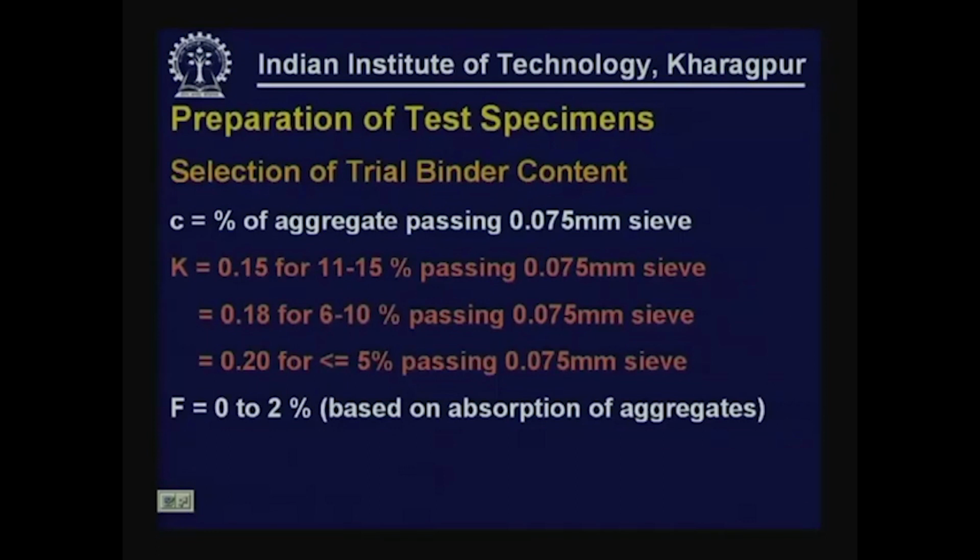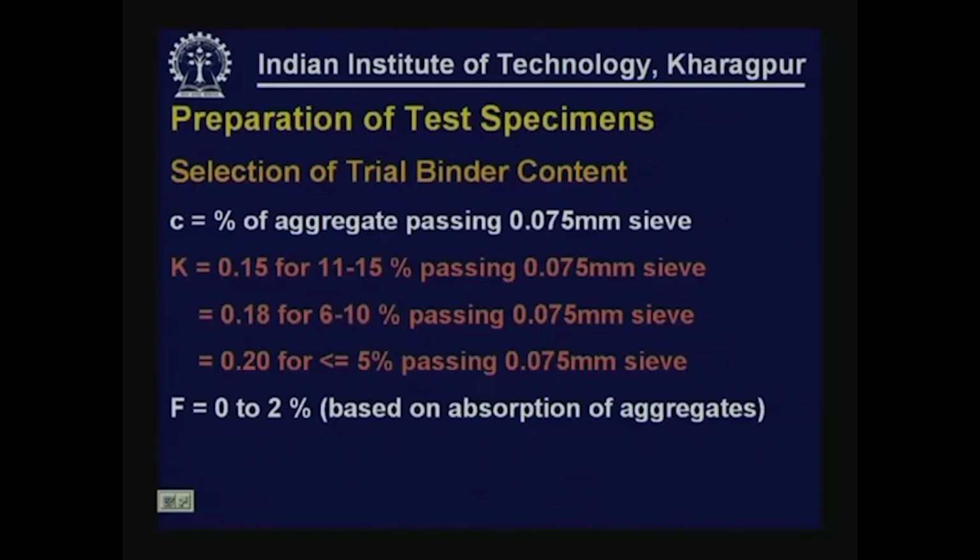K has got different values 0.15, 0.18, 0.20 for various percentages of filler, which is the material passing 75 micron sieve. For example, if the filler content is 11 to 15%, the value of K is taken as 0.15. If the filler content is less than 5%, the value of K is taken as 0.2.